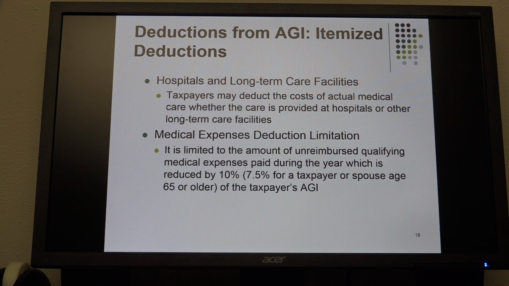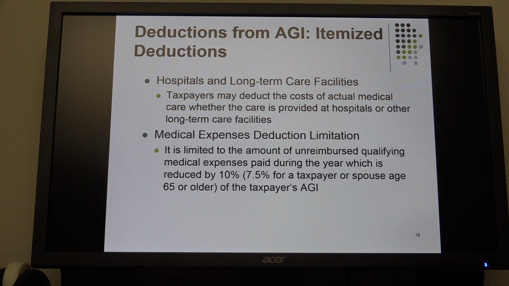I mean, if you have $75,000 of AGI and you only have $5,000 of unreimbursed medical, well, you don't even reach the 10% of AGI level in order to itemize any of that $5,000, because it's not in excess of 10% of AGI. So it's got to be in excess of 10% of AGI.